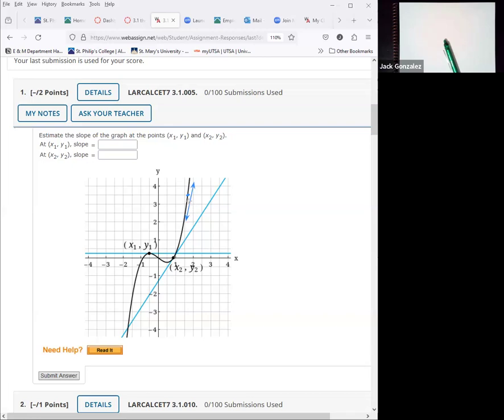You figure out the slope by assuming the 2 points are so infinitely close that you solve for the slope, find the intercept, etc., just like we did back in the day, y equals mx plus b. But it's coming from the idea that we get x2 and x1 really close to each other.